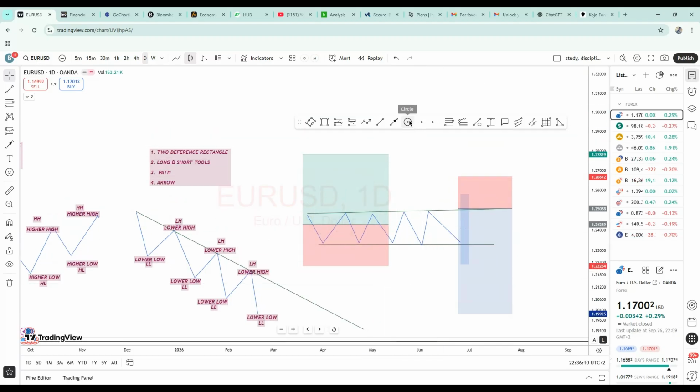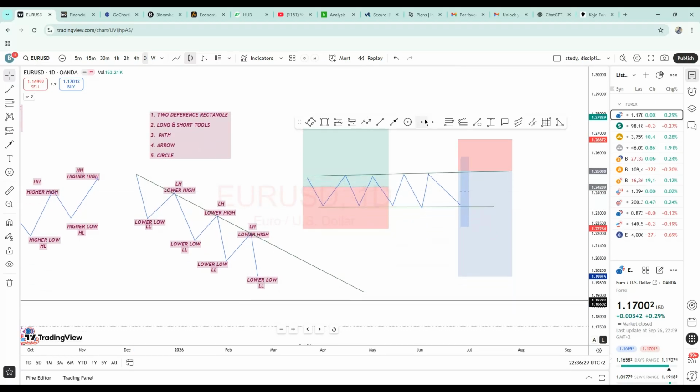And then this is called circle. That is the fifth, the circle tool. For me, as I'm analyzing this market right now, I want to point out this zone.